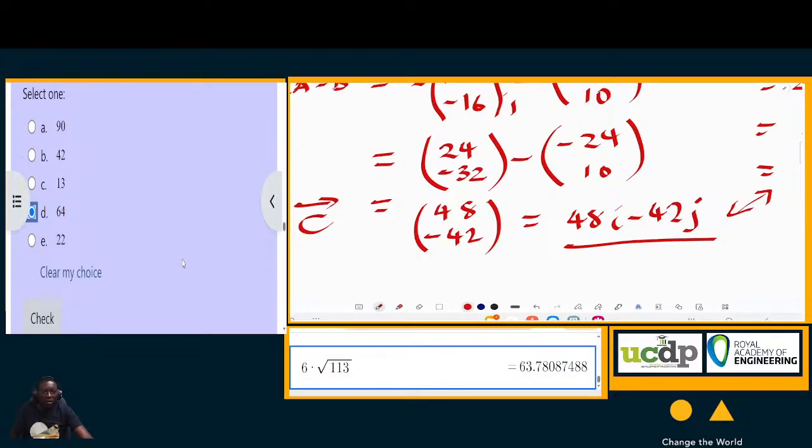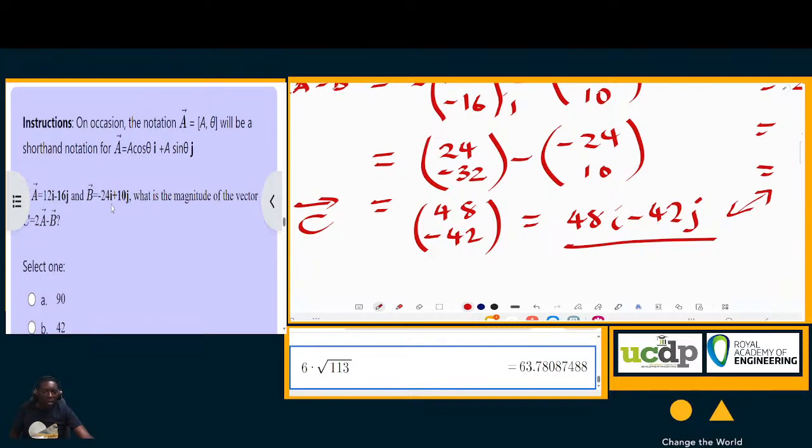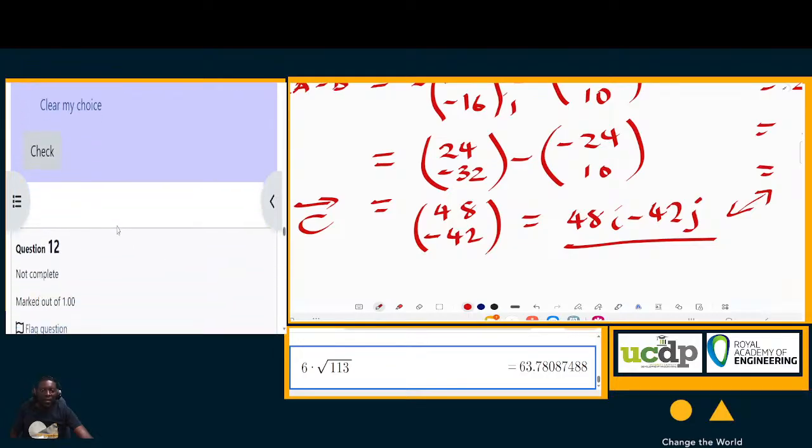Our magnitude for vector C will be 64. Since you are given your components to two significant figures, our answer is also to two significant figures. So that's 64.